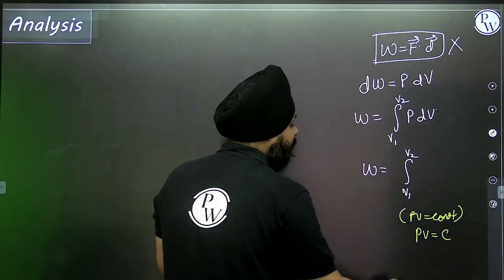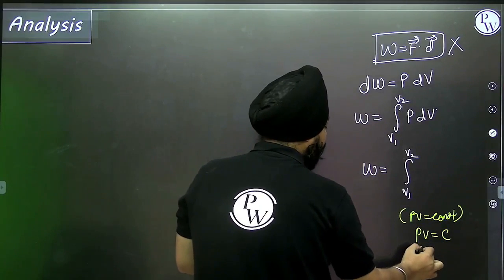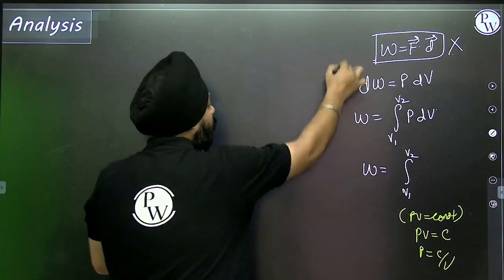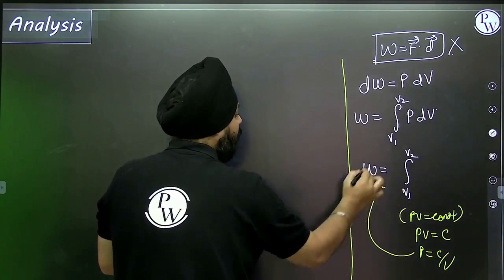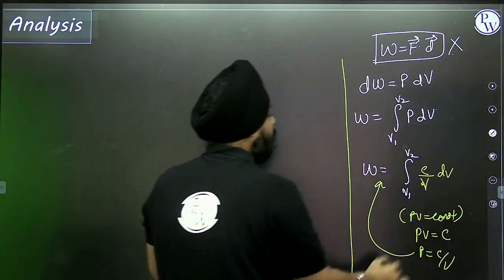Let us take the example PV equal to C. So how can I replace this P? We can replace P as C by V. Replacing this into the equation of work done, we get C by V into dV.